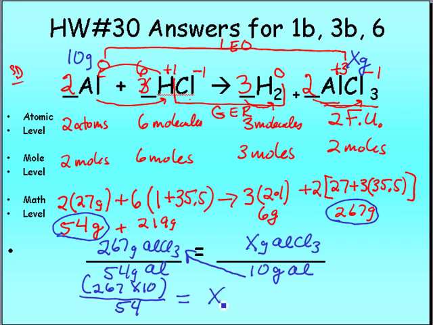And if I do the math, multiply by 10, divide by 54, x turns out to be 49 grams of aluminum chloride. So if everything goes just perfect, if I started with 54 grams of aluminum, I could make 267, but I don't. I've got 10 grams. If I start with 10 grams, I can make 49 grams of aluminum chloride.